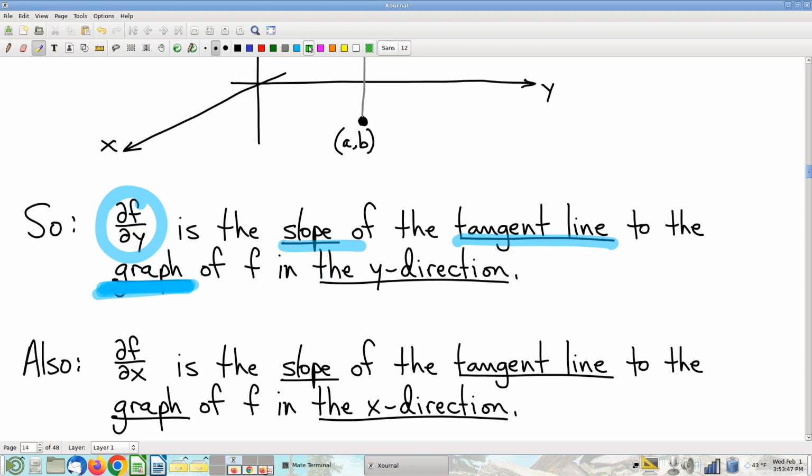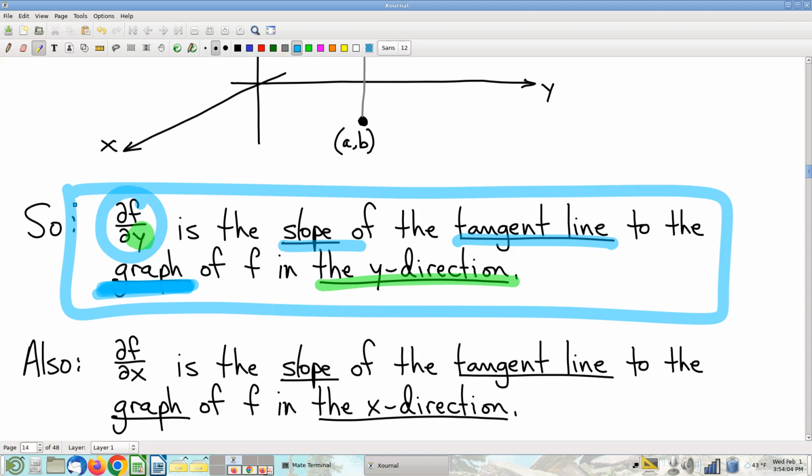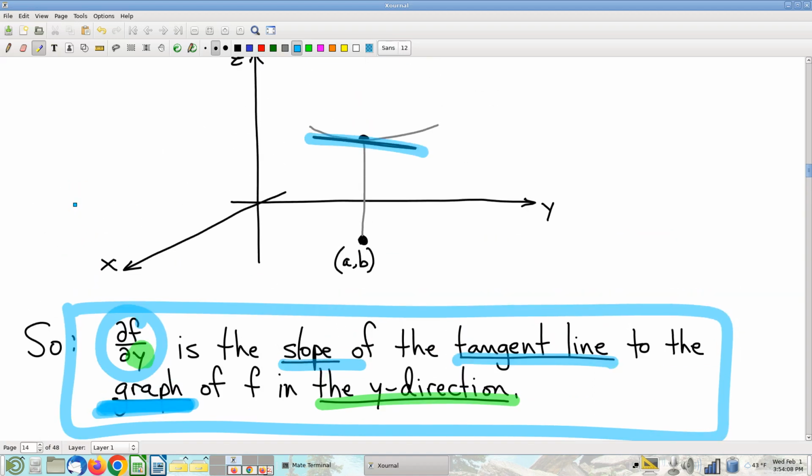And specifically, because you're taking a partial with respect to y, we want the cross section in the y direction. So, there you go. This is what that y partial is, geometrically, and this is the picture of it. Everybody okay with that?